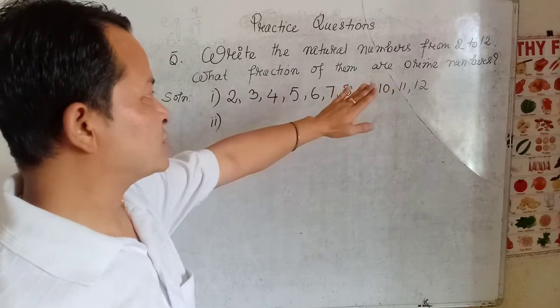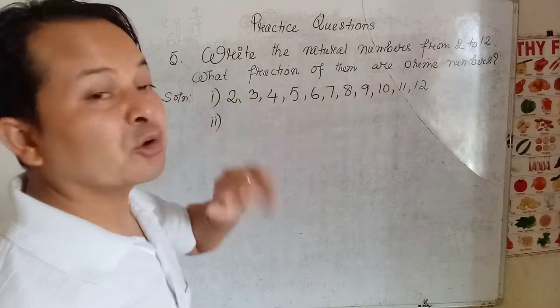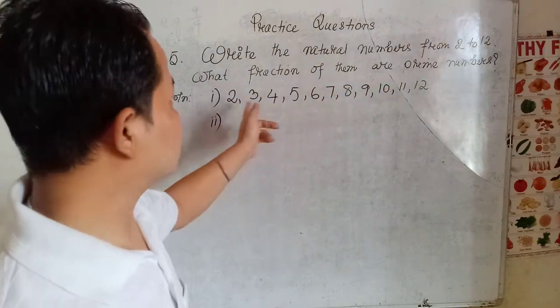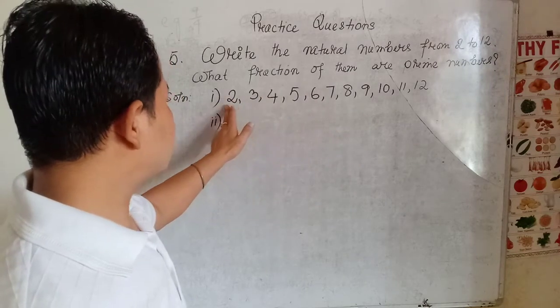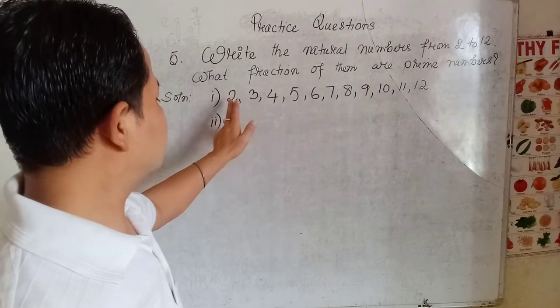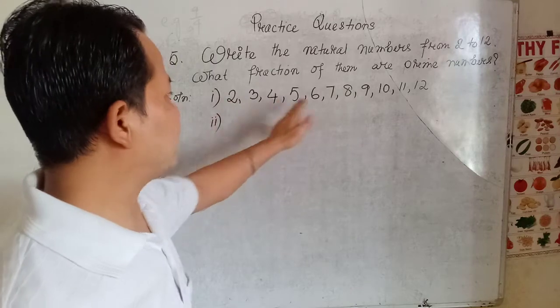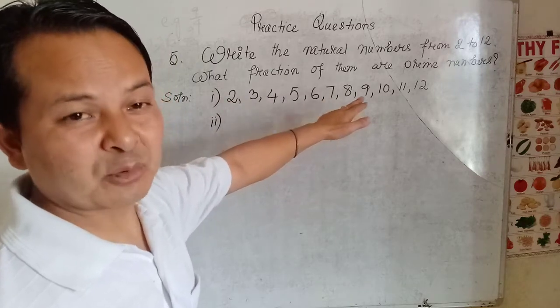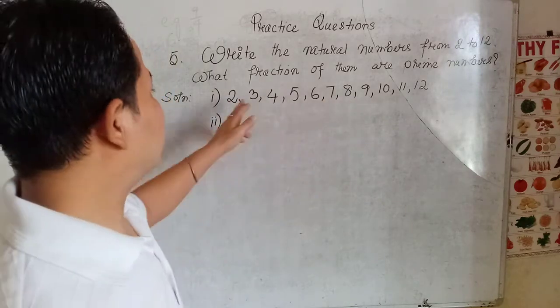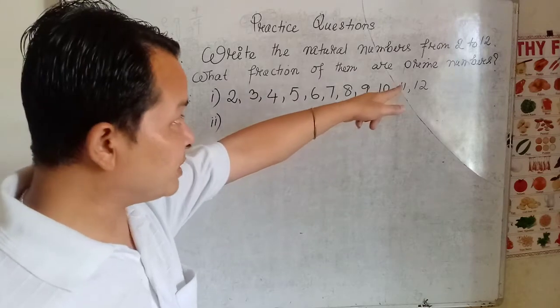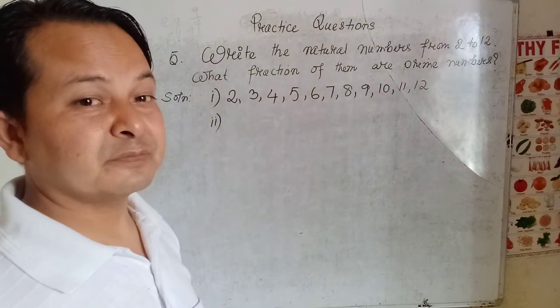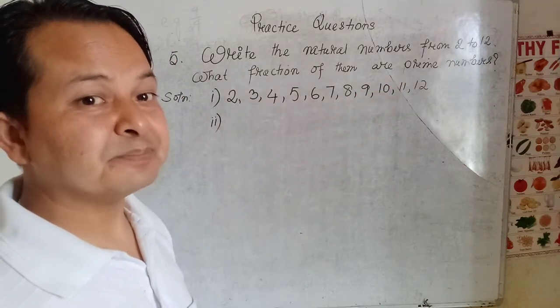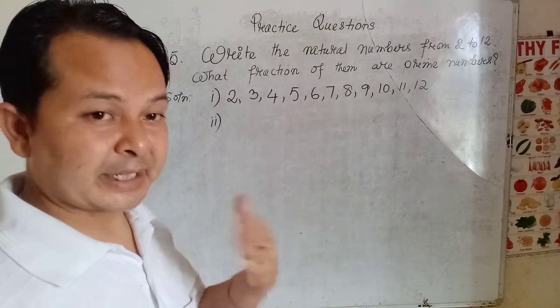These prime numbers will be the smaller part according to this question. From these natural numbers from 2 to 12, we have to find the prime numbers, and that will be the part in the case of fraction.